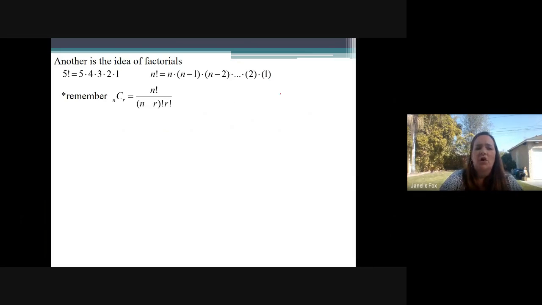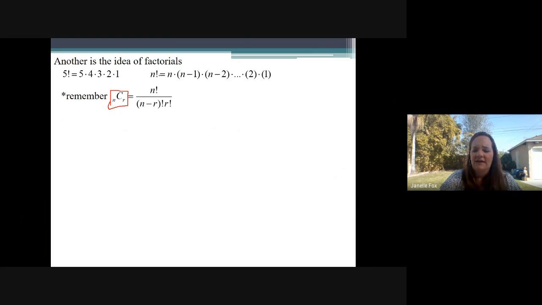So do you remember this also, nCr? This was notation that you could put in your calculator, right? You were able to put a number and then go to the probability menu and choose nCr and then put another number. That equaled n factorial over n minus r factorial times r factorial.